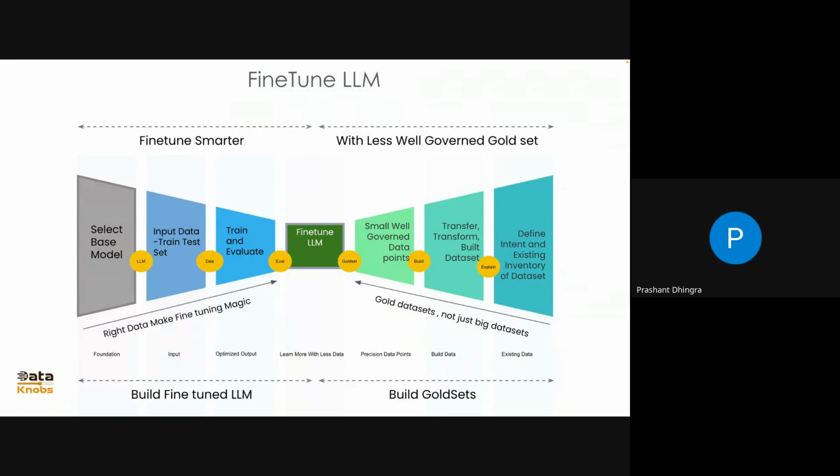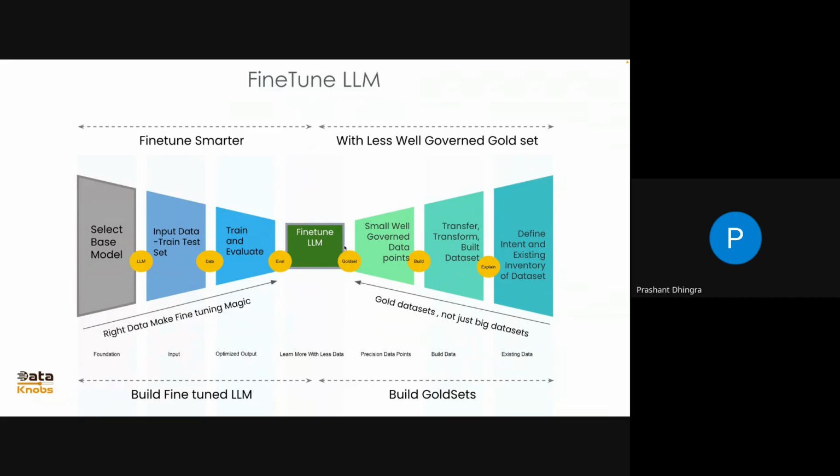And third, if you fine tune on a very large data set, it will be very hard for you to evaluate. So the unique capability we have is how one can build a smaller data set on which an LLM can be fine tuned. So those are the things we do at DataKnobs, and using which we prepare this gold data set on which we can fine tune the LLM.